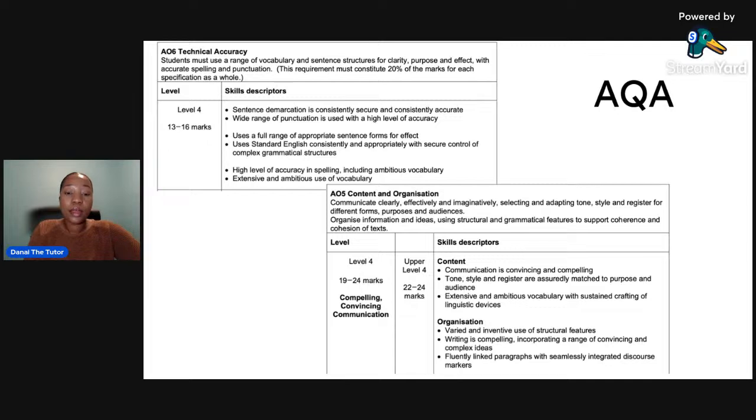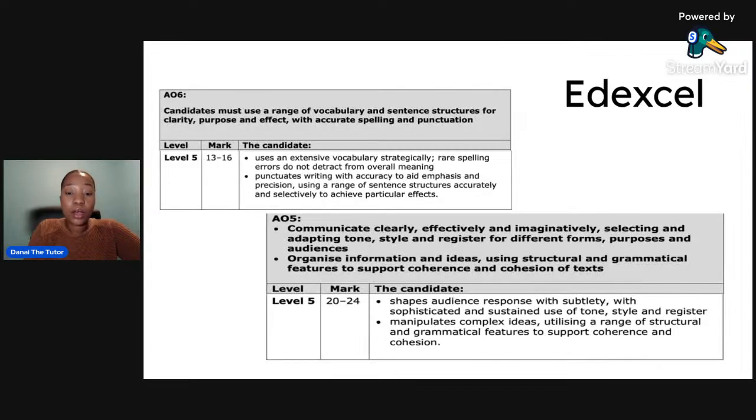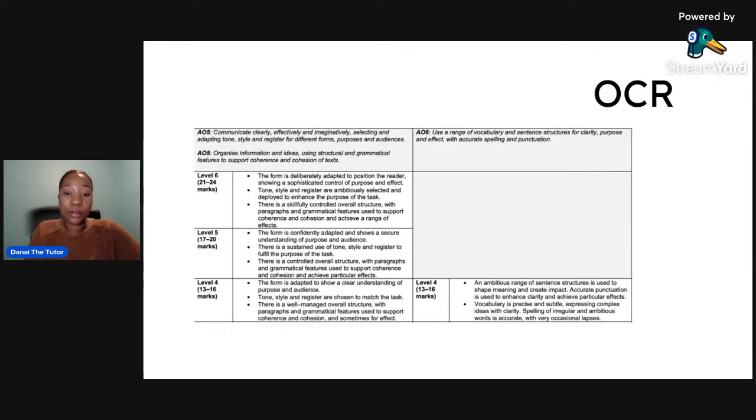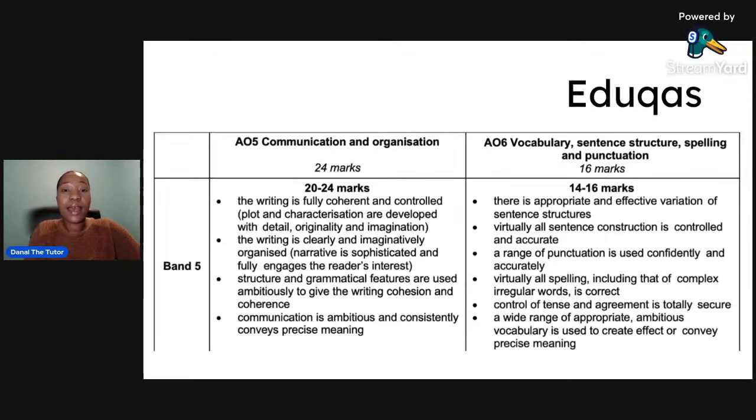AQA and all the other exam boards use the same objectives, okay? AO5, AO6. Your mark schemes, that's AQA, EdExcel, OCR, and EDUCAS, they split the marks the exact same way: 24 for organization AO5, 16 for SPAG.